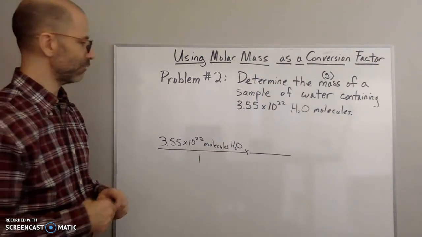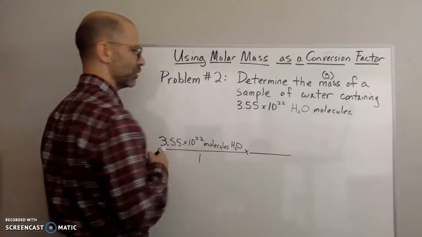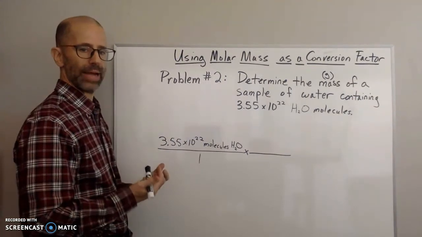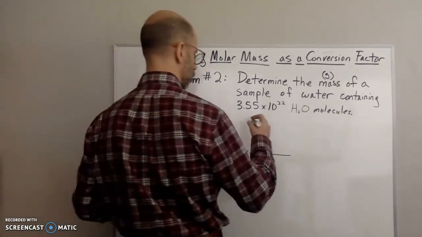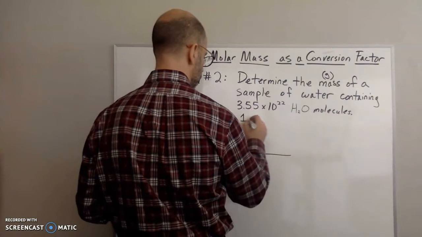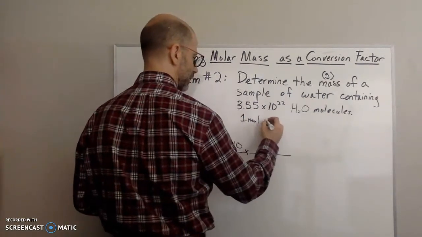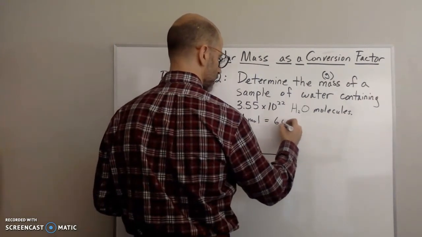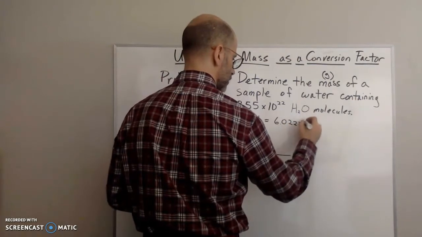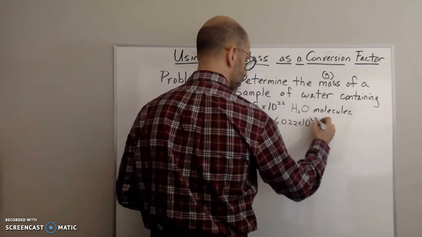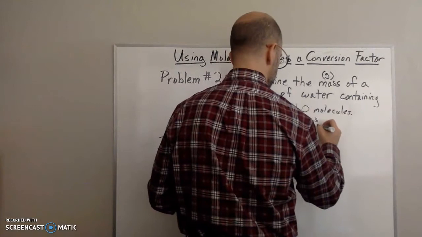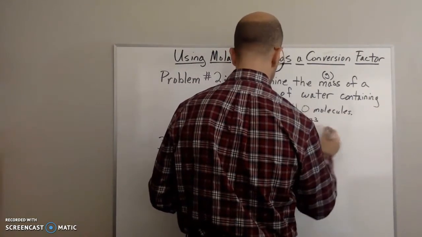Well, if you remember, we have a relationship with regard to the mole and Avogadro's number. So remember, 1 mole is equal to 6.022 times 10 to the 23rd particles, right?